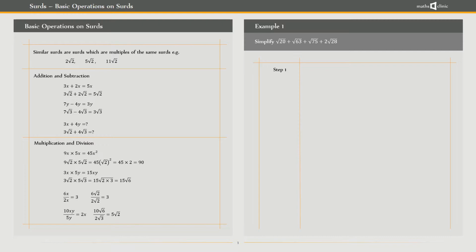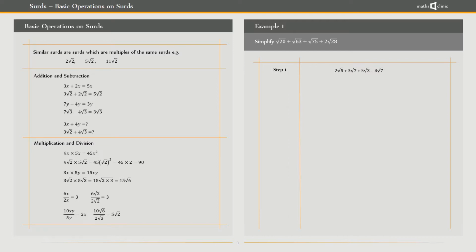Root 20 is 4 times 5, so I can get that to 2 root 5, as you know from the last lesson. Root 63 is 9 times 7, so that's 3 root 7. Root 75 is 3 times 25, so that's 5 root 3, and root 28 is 4 times 7, so that's 2 root 7.